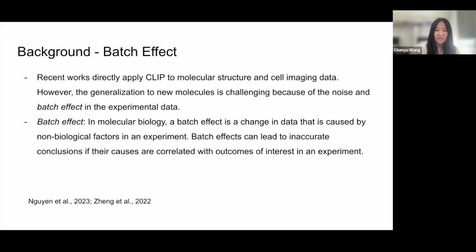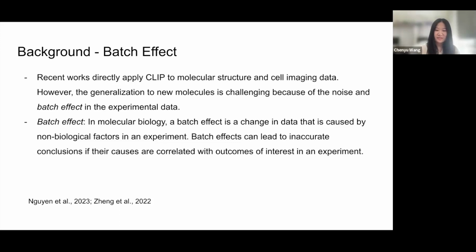So the batch effect arises because we need to do the experiment in batches. Each batch is screened by the same person at the same temperature, humidity, etc. Different batches may differ because of these technical issues, which are not real biological factors.